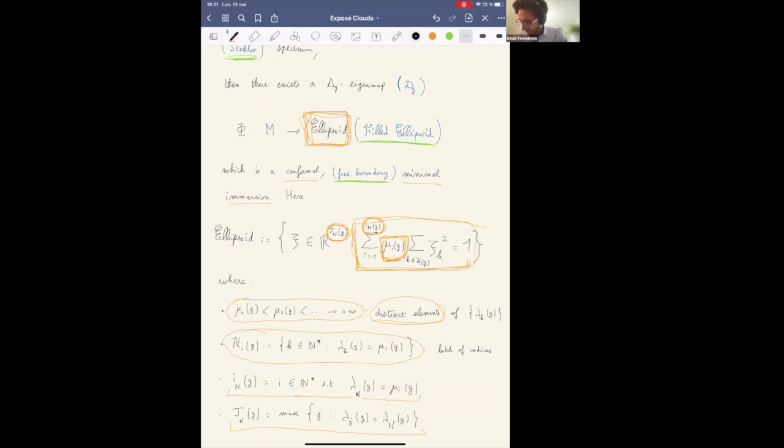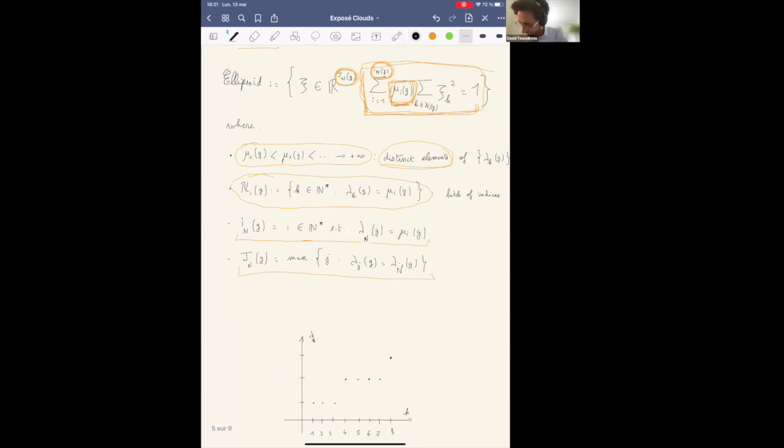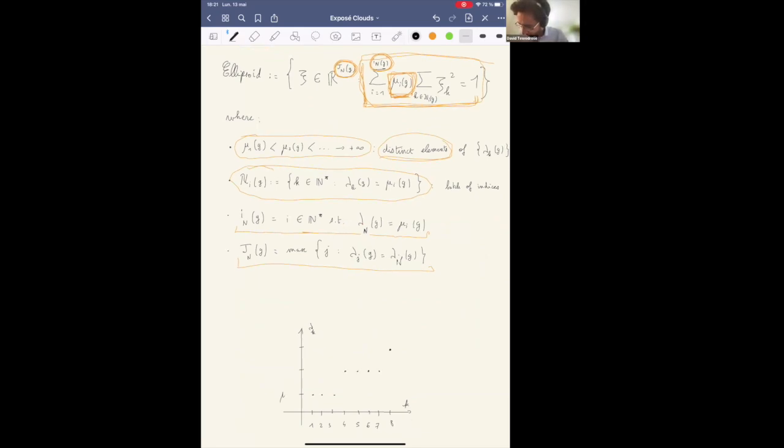So I made a picture here, maybe to make things clearer. So here, let's say you have the mu i's, mu2, mu3. So mu I here in the picture is equal to lambda1, lambda2, lambda3. So this set of indices is Aleph1.